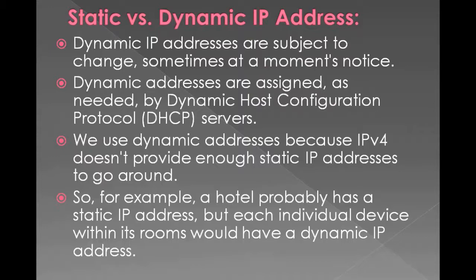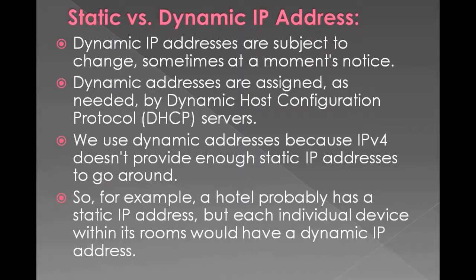We use dynamic addresses because IP version 4 doesn't provide enough static IP addresses to go around. This is another reason why users are not given a static IP address, because IP version 4, the traditional IP address version, doesn't have room for a lot of static IP addresses.